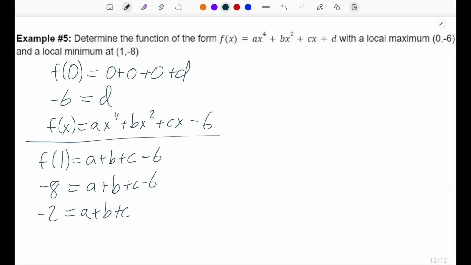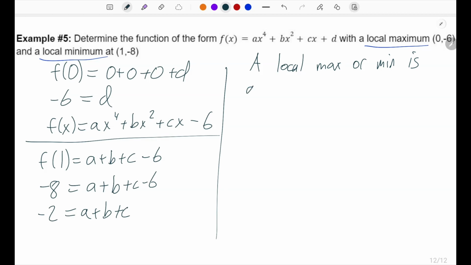All right, the next thing we want to make use of is the fact that not only are these points, but they're local maximums and minimums. So how we can make use of that is that a local max or min, well, we know it's a critical point.